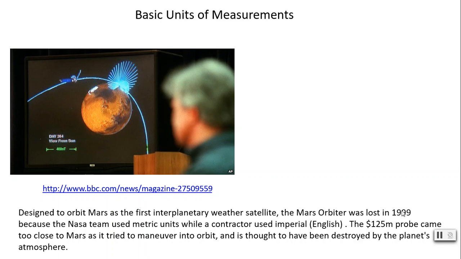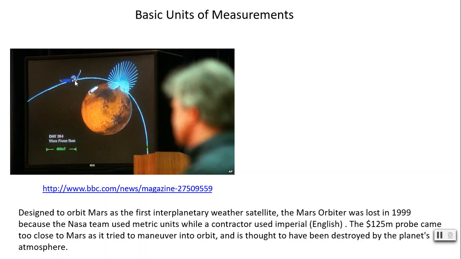But the very first mission in 1999 was a disaster, and it was not successful. The orbiter did not bring home any beautiful pictures or useful information about Mars because that orbiter was destroyed in Mars' atmosphere because it got too close to the planet.